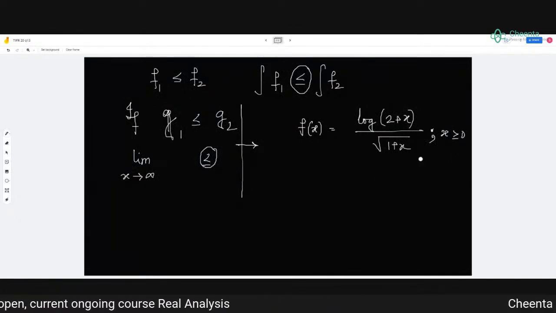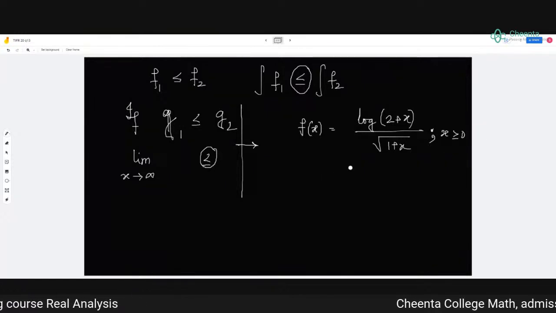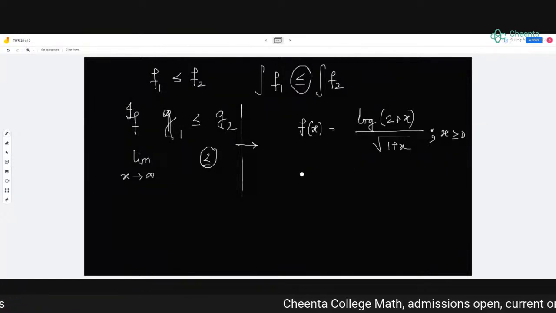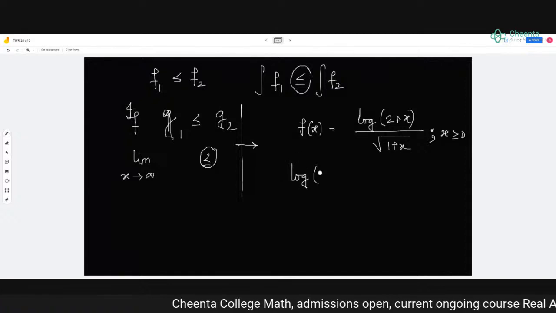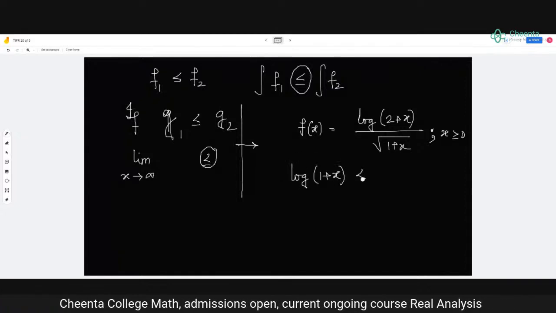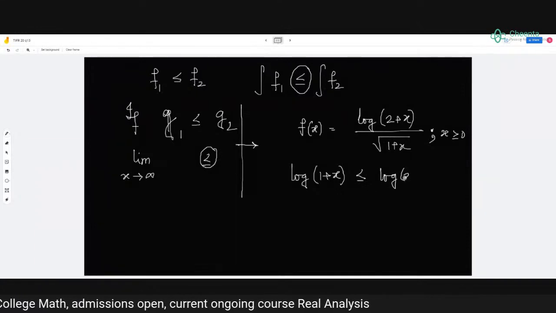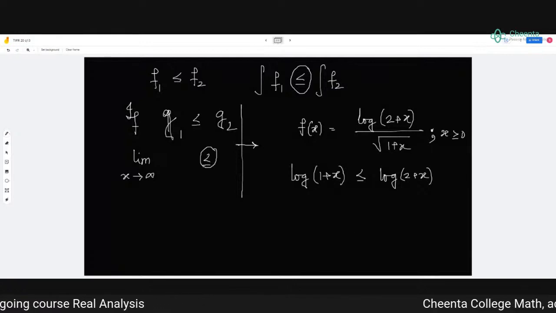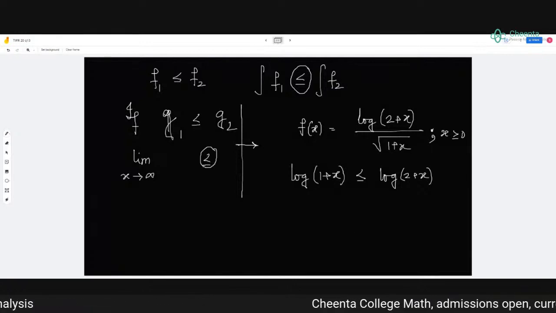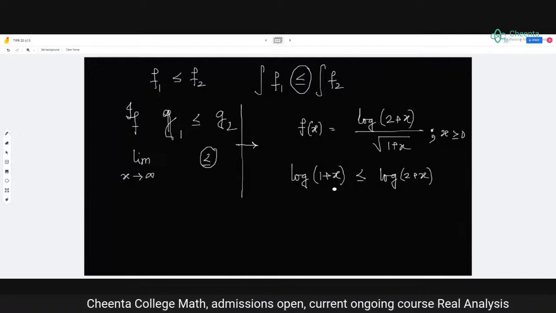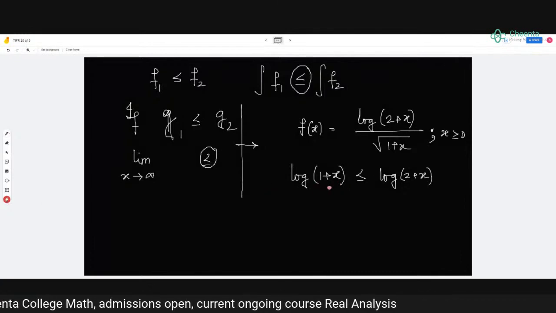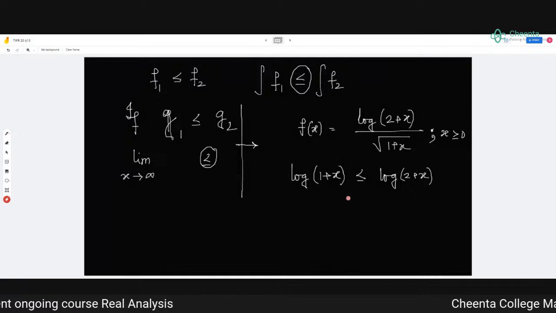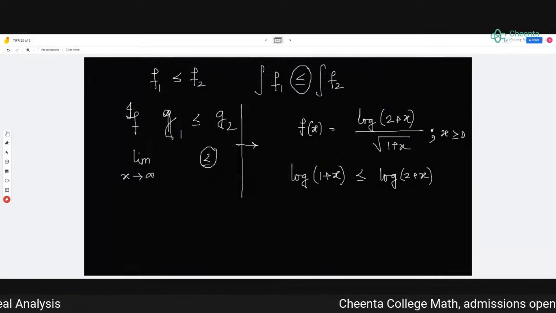Since x is greater than or equal to 0, we have log of (1 plus x) less than or equal to log of (2 plus x), because log is an increasing function in the first quadrant. Since 1 plus x is always less than 2 plus x, we just use the increasingness of log, and we have this inequality.